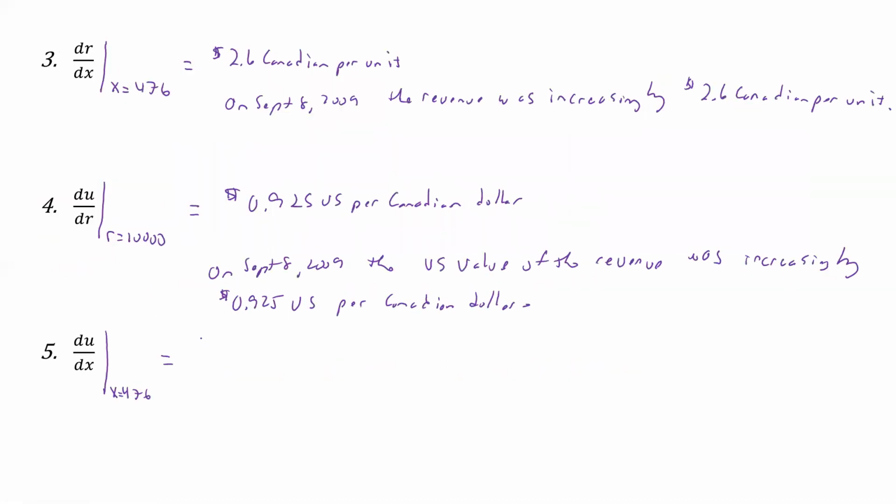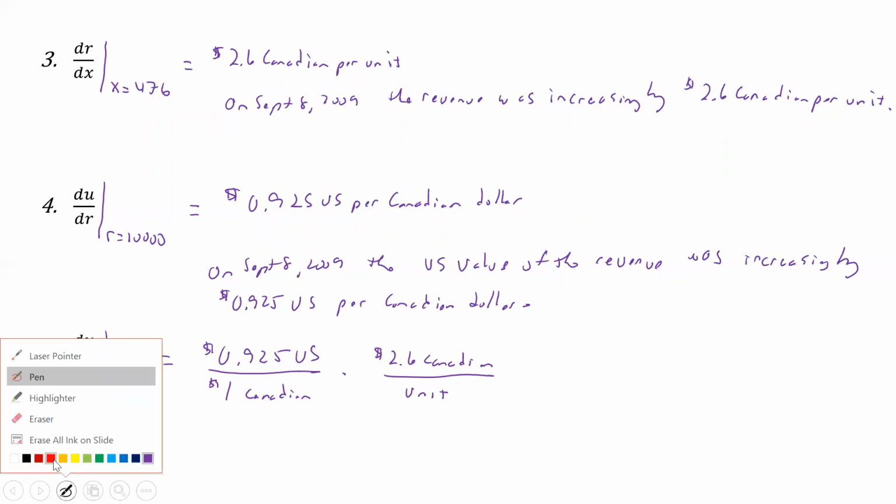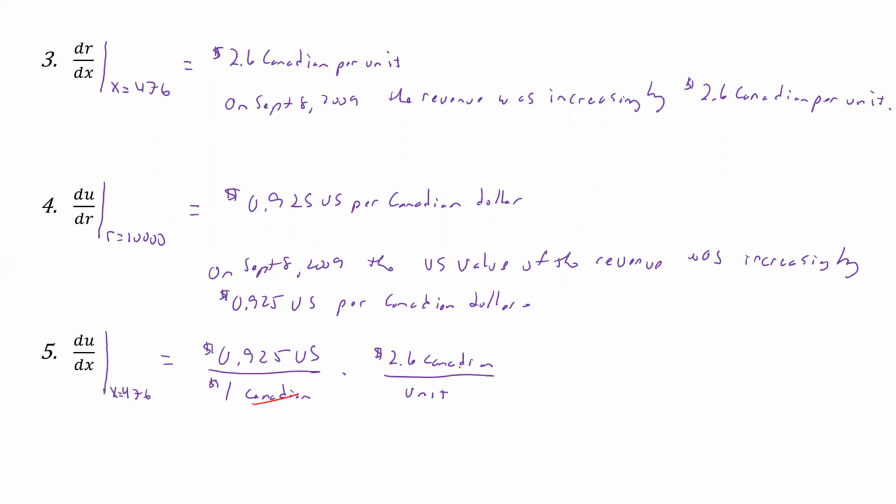When we do that, we can take 0.925 US per $1 Canadian, times 2.6 Canadian per unit. And notice we have some cancellation. Our Canadian dollars cancel.